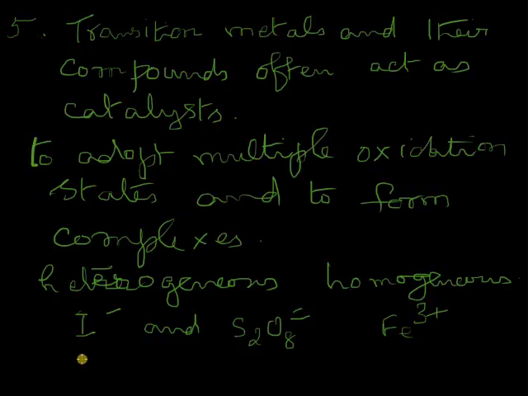During the reaction, V2O5 passes from +5 state to +4 state. So, we would give the reason for the catalytic behavior of transition metals and their compounds as their capability of adopting multiple oxidation states and to form complexes.